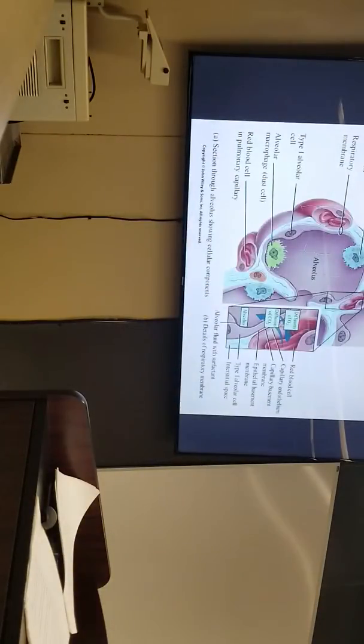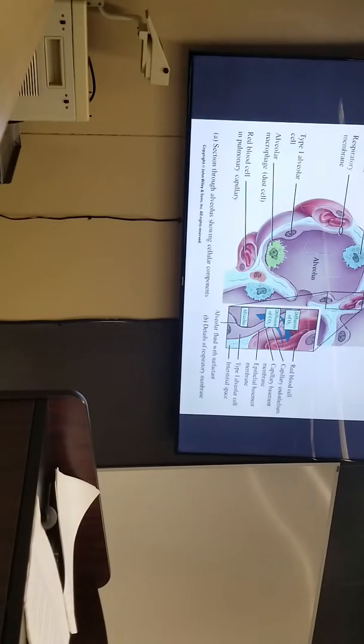So here at the alveolus, here's where we're going to have diffusion of your CO2 and your O2. Remember that all of your deoxygenated blood came to your lungs, right? And it's in your bloodstream. Now what happens?